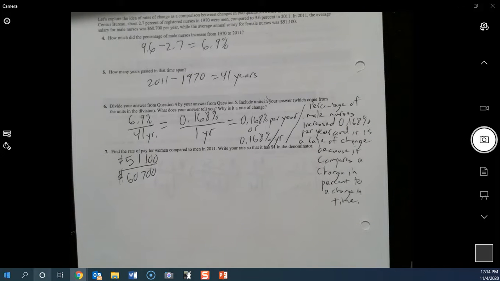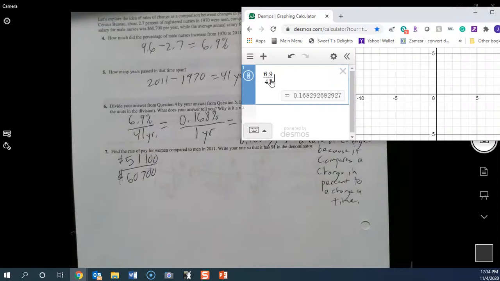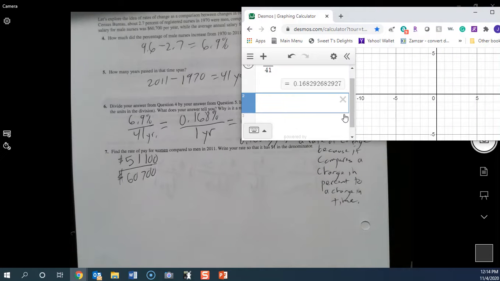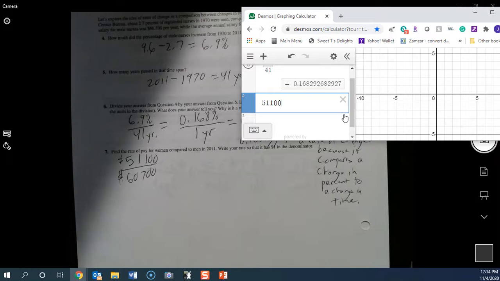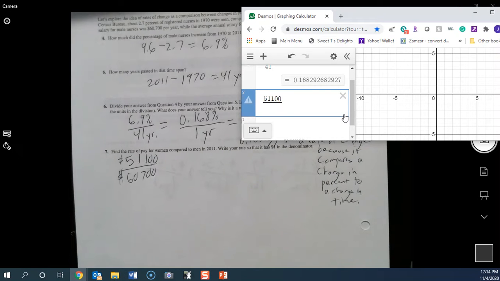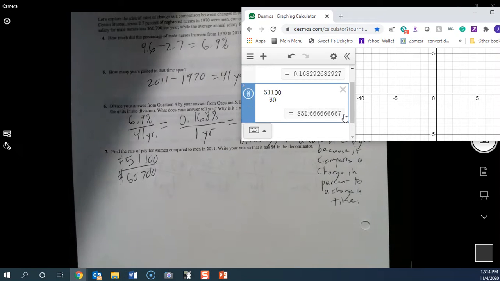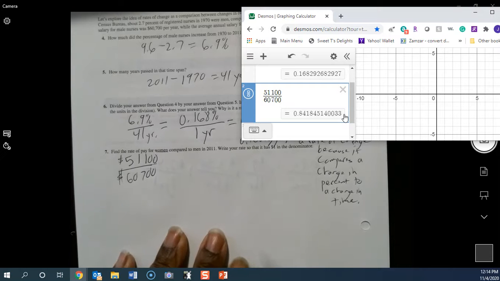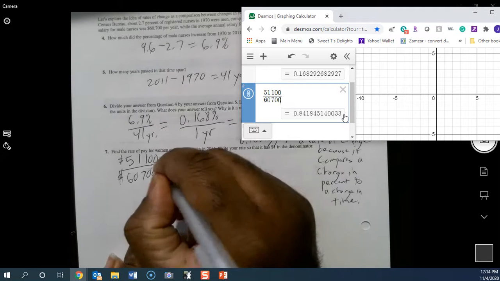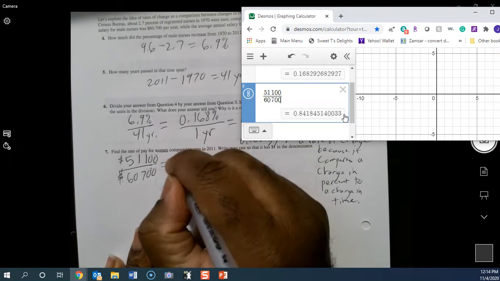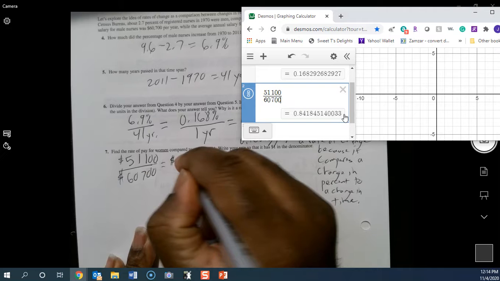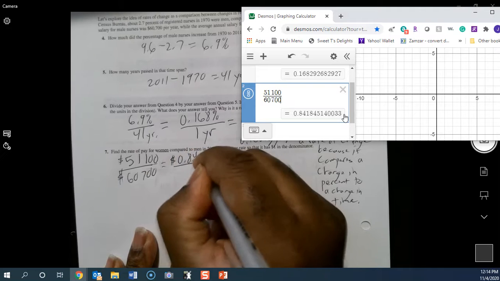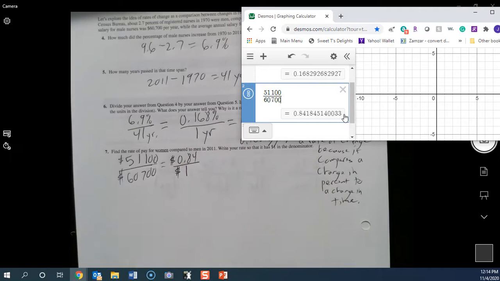Now, we will put this in our calculator. Got to go back and get the Desmos calculator. And we would take 51,100 divided by the 60,700. So if we round that to 2 decimal places, especially since we're dealing with money, it'll come out to be about 84 cents for $1.